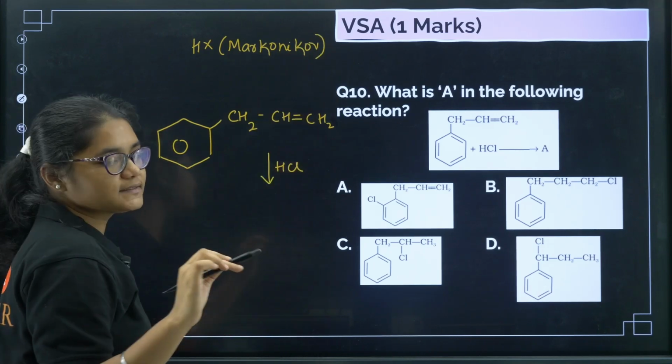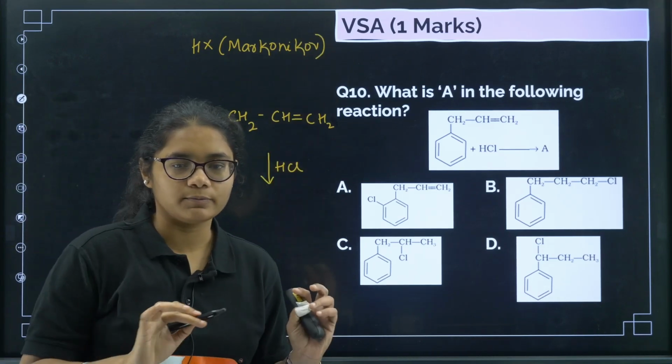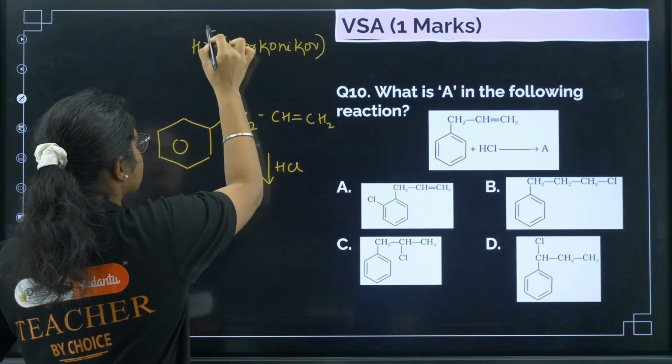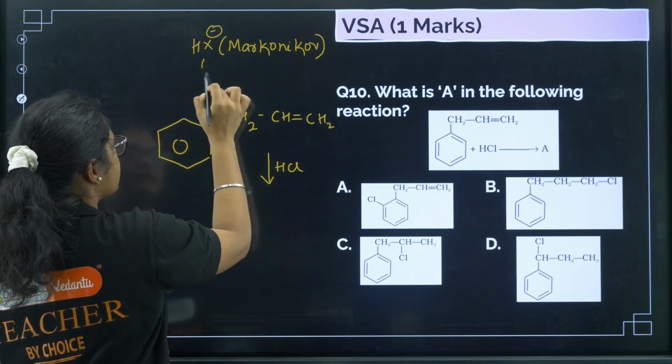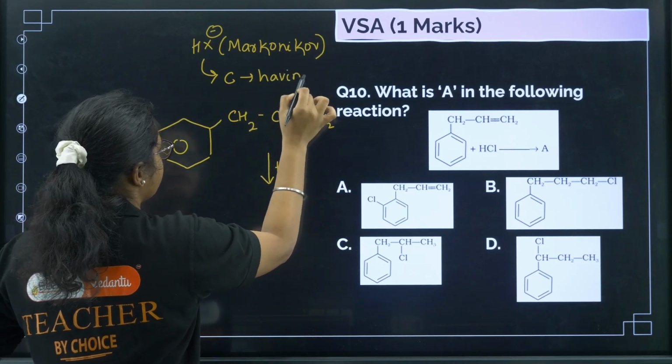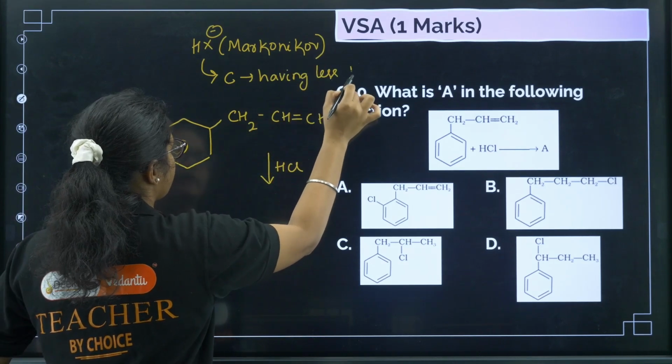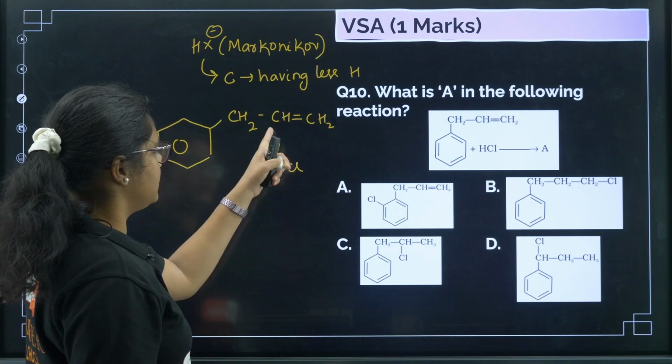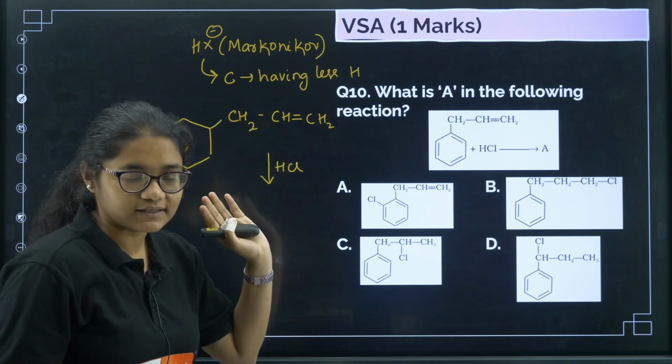Now what does this Markovnikov's rule say? I hope all of you know this, that the negative part will attach to the carbon having less hydrogen. Now you have to compare only the carbons in the double bond.